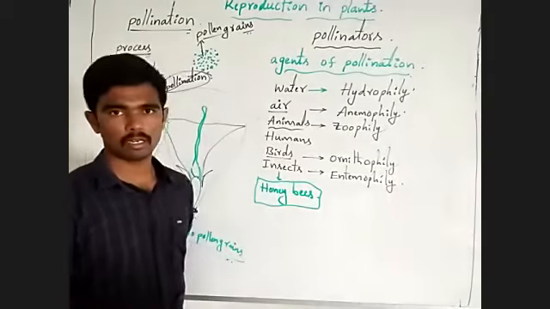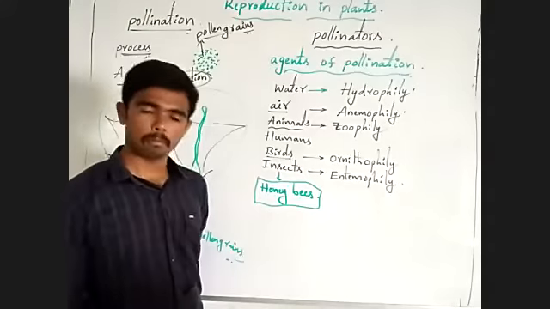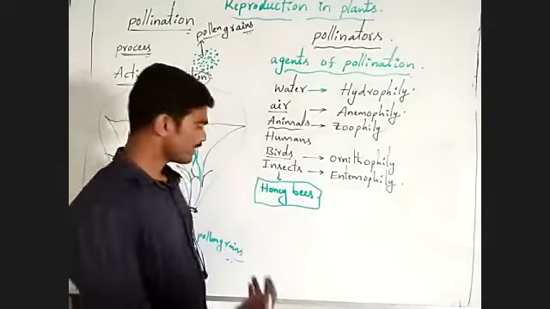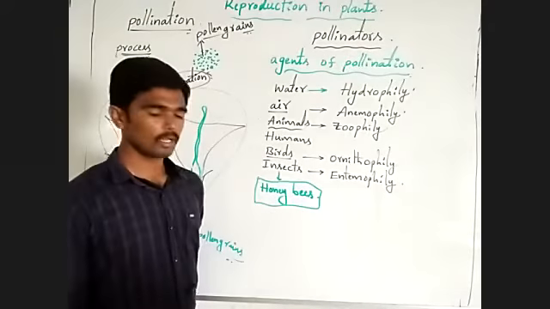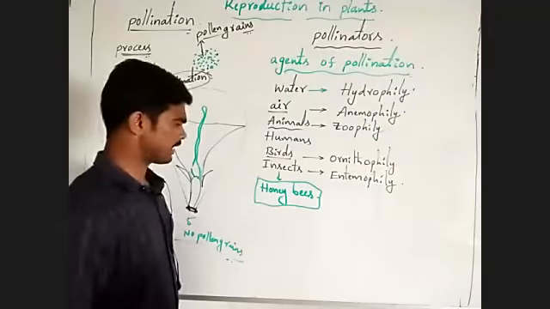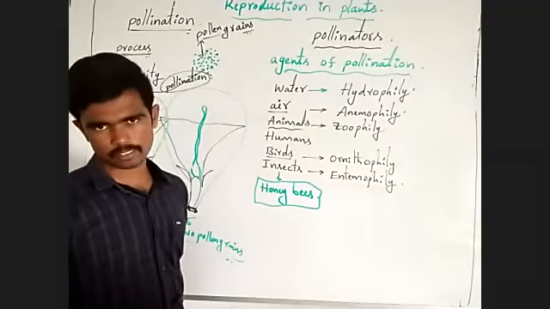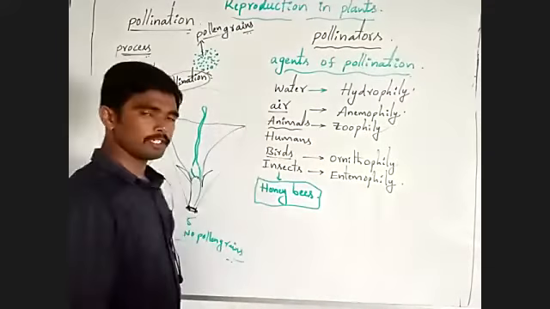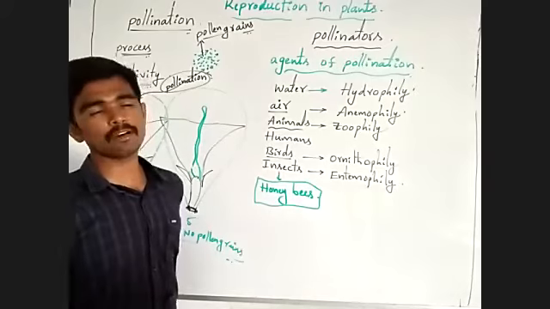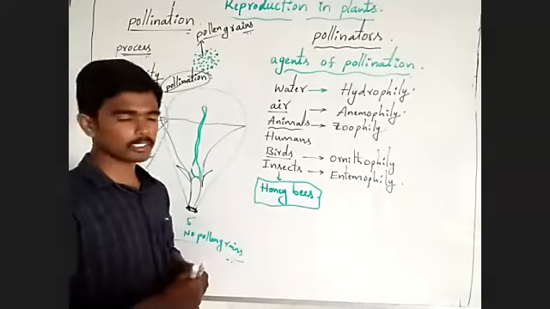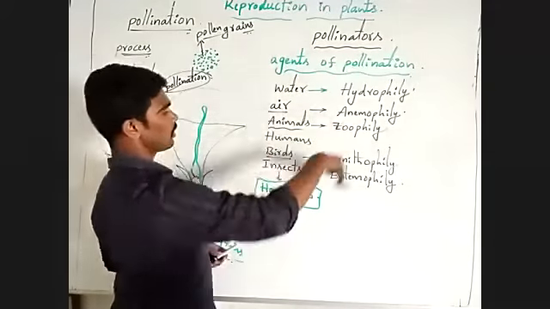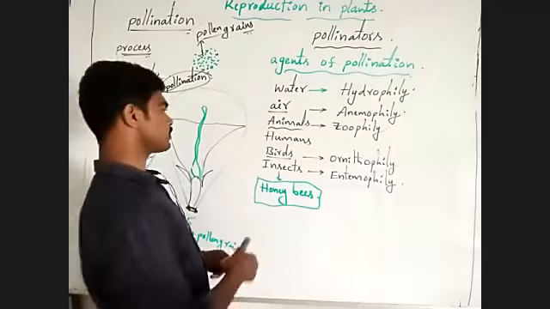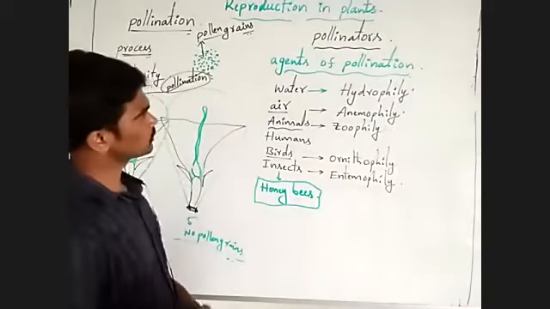Honeybees, dragonflies, butterflies, and sometimes ants. Like this, different types of insects. Most insects act as pollinators for different types of plants. Understanding? This is pollination. These are the pollination agents, or agents of pollination. Observe all.